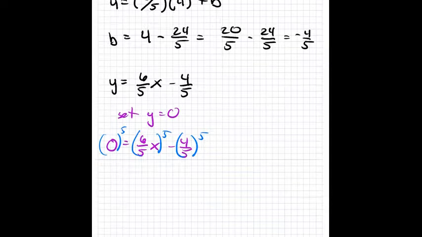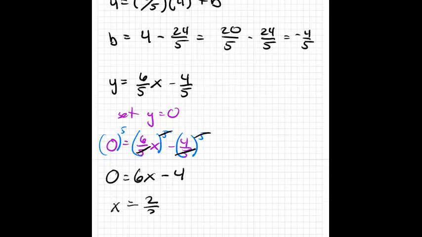On the left, we still have 0. These 5's cancel, we have 6x there. These 5's cancel, and we have a 4 here. Then add and divide. Ultimately, x equals 2/3. That's why I calculated it, because it wasn't falling exactly on the money.